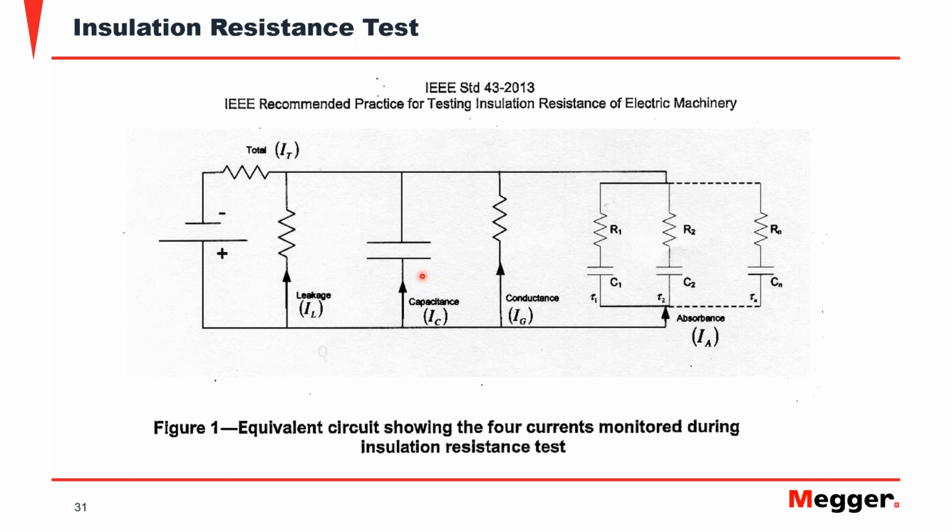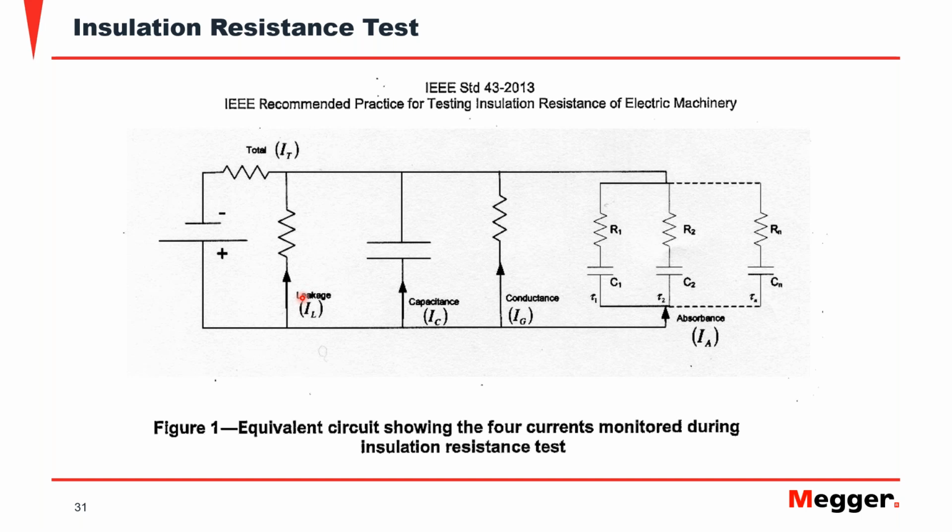The first effect that we have is combined leakage and conductance, which are combined resistive effects. I should say that those are the ones that you want to measure when it comes to the insulation resistance. But like I said, the insulator behaves as a capacitance. So you have some current going into the insulation that is simply going to stay there in the form of a charge distribution. That's your capacitance right there.